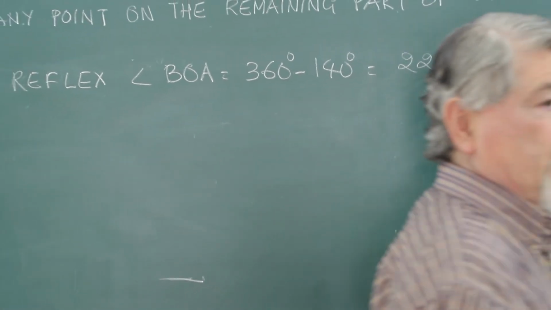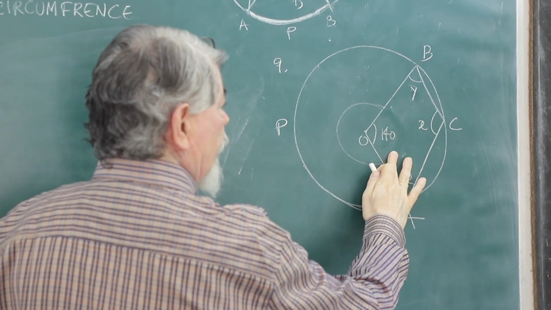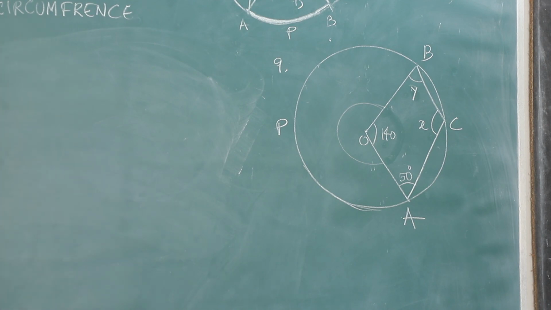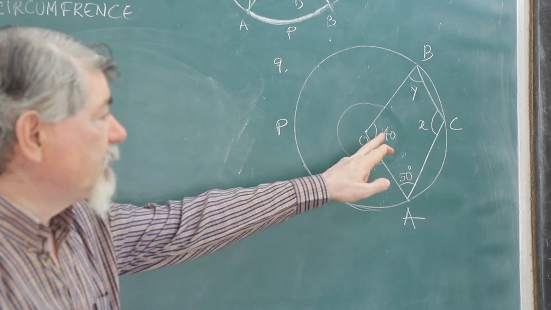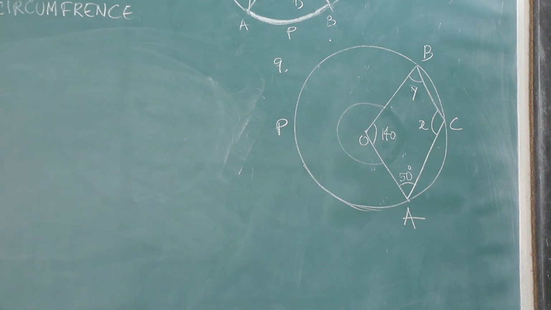This total is 360 degrees. Out of that, how much is gone? 140 is gone, so the remaining is the reflex angle. For that reflex angle, I've subtracted 140 from 360 and got 220. So this is reflex angle BOA.